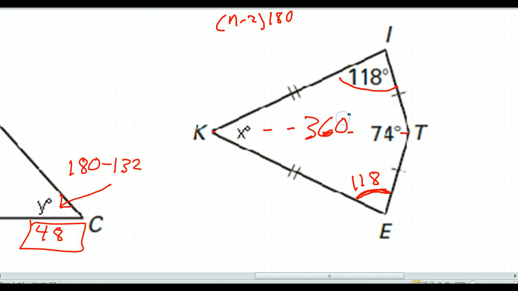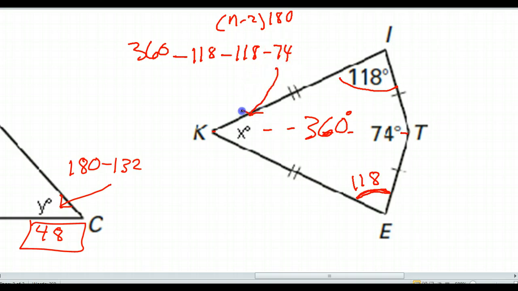So if you subtract everything from 360, so 360 minus 118 minus 118 minus 74, that's how you get the other angle. So what did the other angle turn out to be? 50 degrees. So angle X turned out to be 50 degrees.